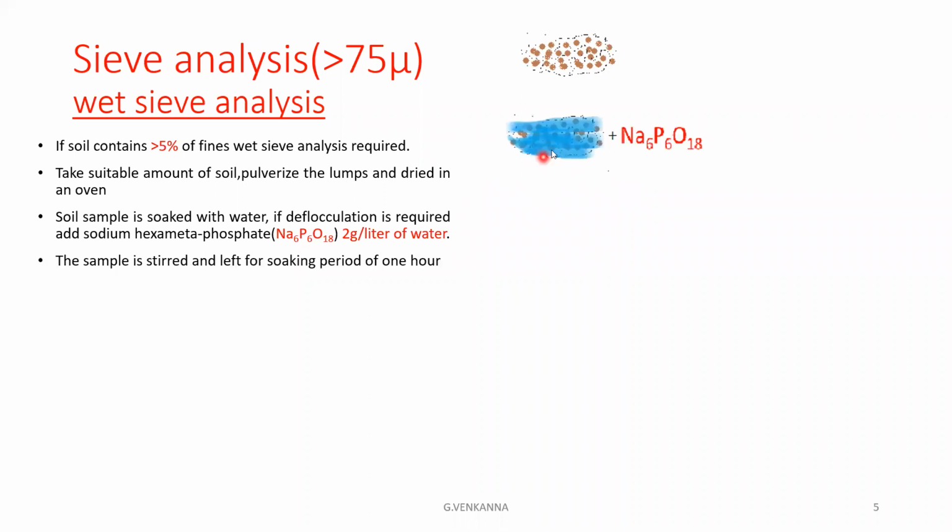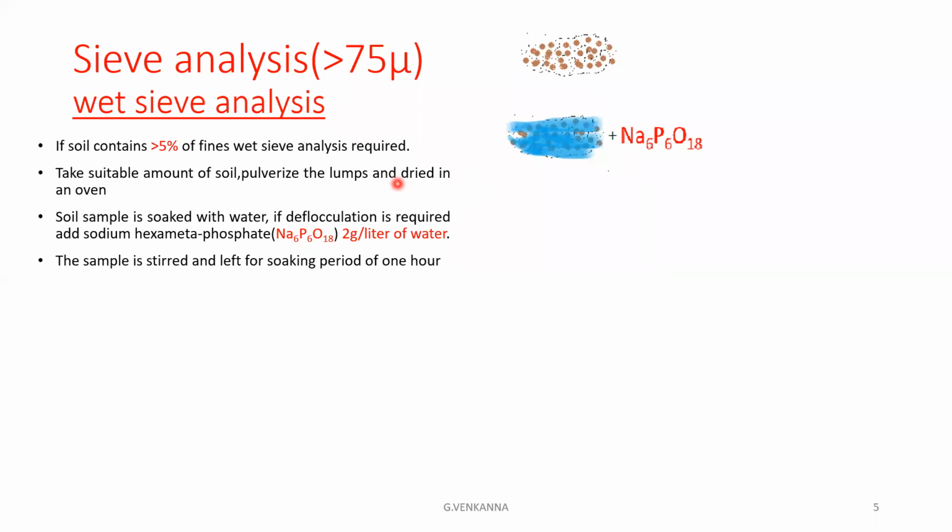After removing it from the oven, the soil is soaked with water, and if deflocculation is required, we add sodium hexametaphosphate at 2 grams per liter of water. Why do we add it? Fine particles have very high cohesion forces between them, so the particles bind together and the particle size appears larger than the actual size.